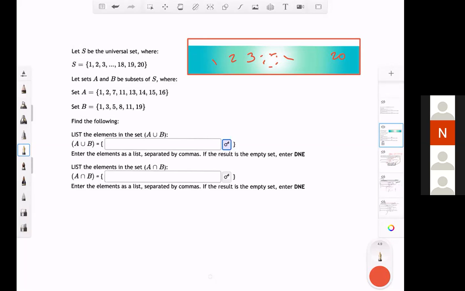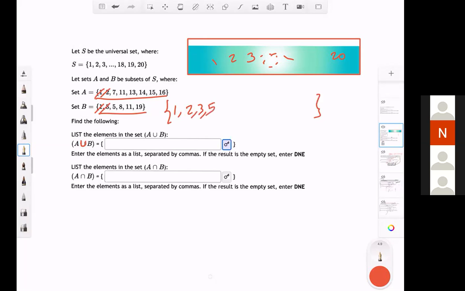So we know set A is 1, this, and 1, 2, 7. B. This is a union, so we're going to collect them, combine, put all the numbers in one set, but we don't want to repeat. You're going to have 1, 2, so 1 is gone. Then we have 2, then we have 3.